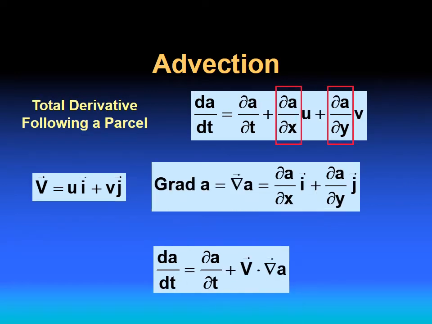So remember, I don't know if you've watched the presentation on gradients, but change in some property in the x and the change in some property in the y is your horizontal gradient. And since we're looking at some property A, could be temperature, pressure, whatever, we can use the symbology for gradients, and some places you'll see it called grad A, other places you'll see the del operator, and you'll see del A.